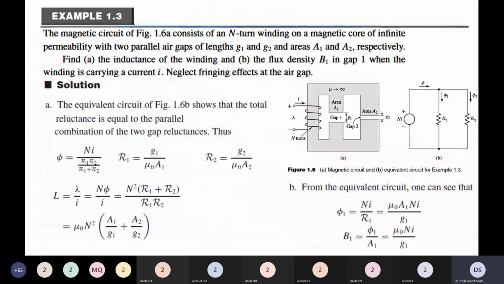So flux is mmf divided by total reluctance.